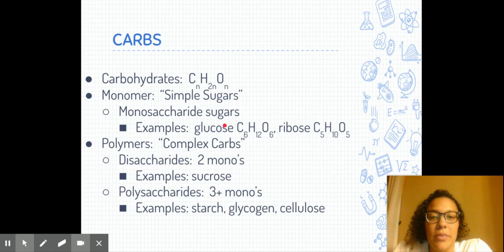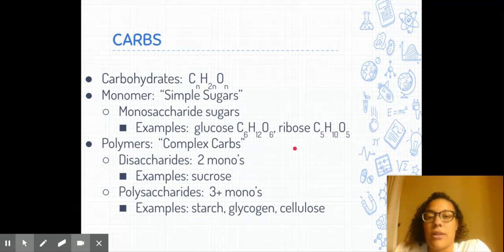There's a couple examples of them listed there, and you can see their ratios for their chemical formulas as well. So it goes to a 1 to 2 to 1 ratio of carbon to hydrogen to oxygen for each of these. So that's one big indicator that we have a carbohydrate, those ratios.